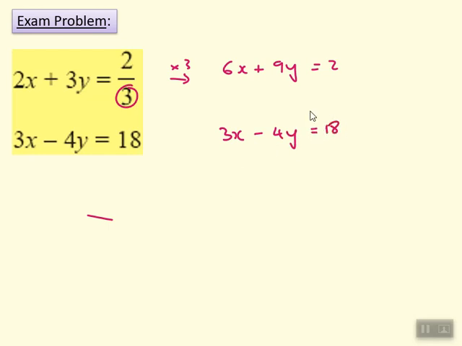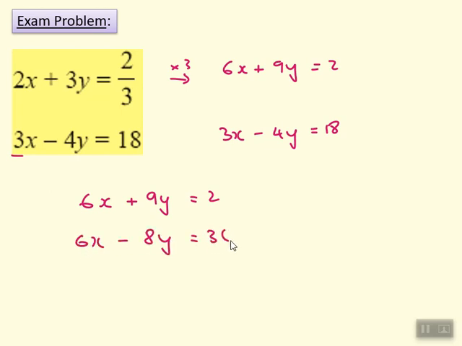And then I'm going to keep the top one the same, but I'm going to double the bottom one. Okay, so maybe I should have done that to begin with, actually, if I thought about it. So I'm going to double all of that. So that's going to be 6x, take away 8y equals 36.